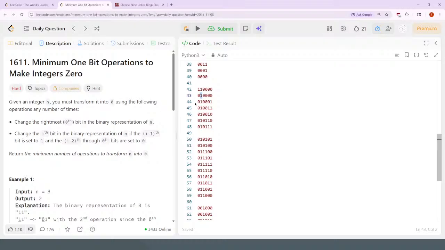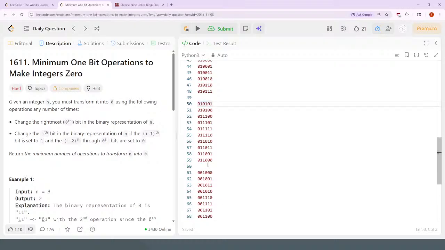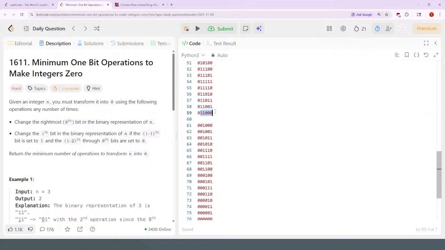Otherwise, or the first digit would always be the same. Otherwise I'd be dealing with a different problem. I'm aiming for something that starts with a 1, second bit's a 1, followed by a bunch of zeros.